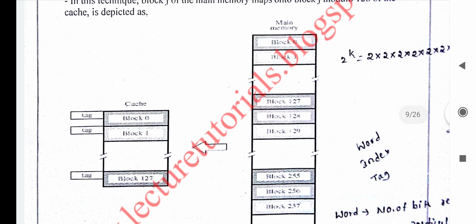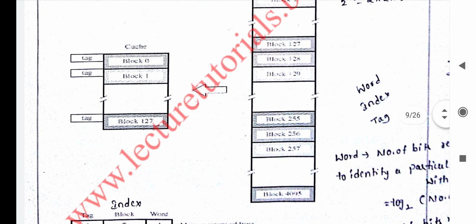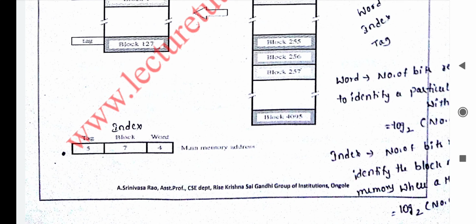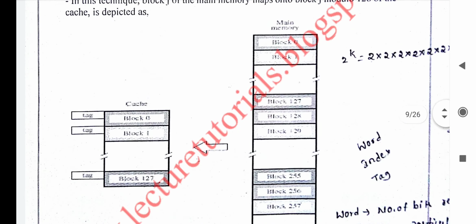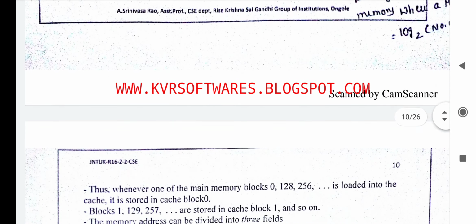Word index tag: the number of bits required to identify a particular word is log 2, and the index number of bits identifies the block. See, this is direct mapping, means we can directly place the required content from main memory to cache memory, right? That is direct mapping.